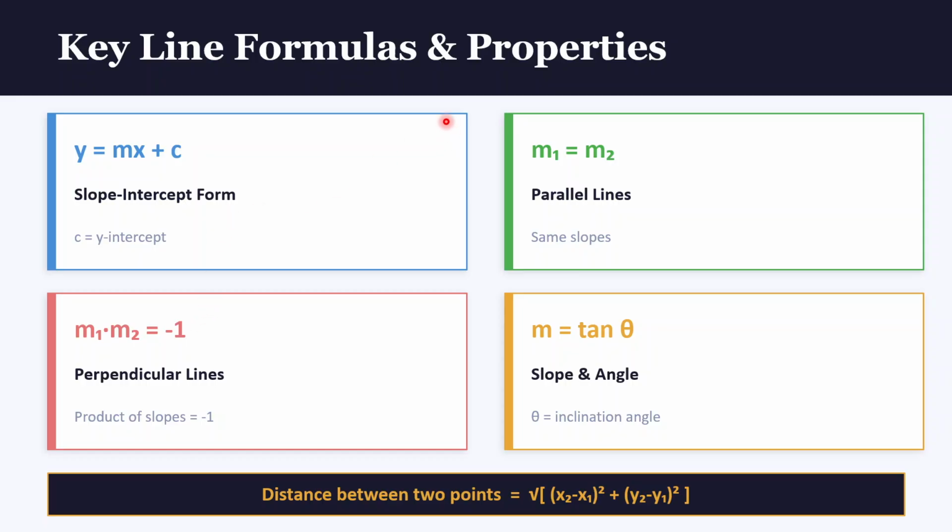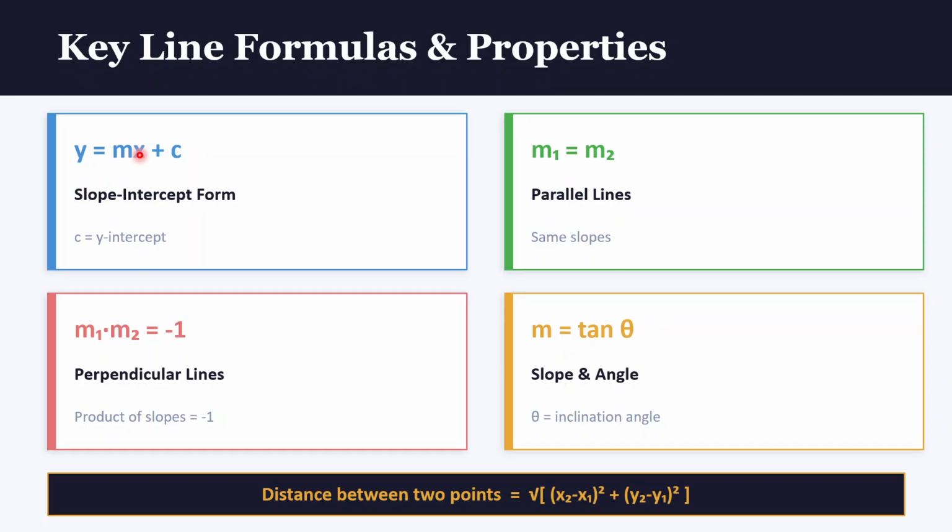Okay, these are key line formulas, okay? Y equals mx plus c, where c is the y-intercept, okay? That is, it meets the axis at that particular point. So when x is equal to 0, we get the y-intercept.